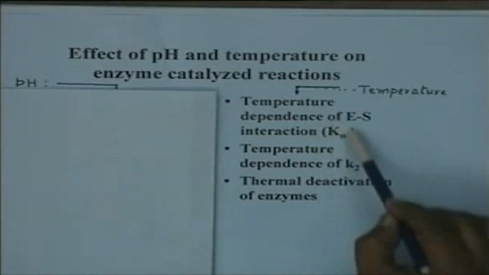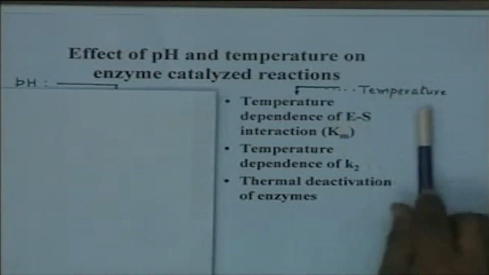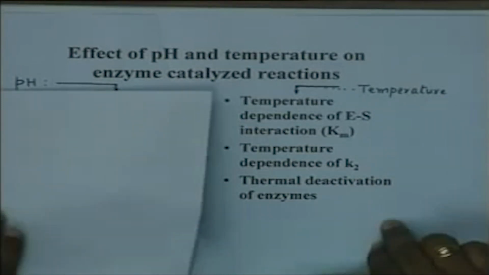We know it is a reversible equilibrium process, and the key parameter which represents the ES interaction, at least for typical Michaelis-Menten kinetics, is Km, the Michaelis-Menten constant. Temperature will influence Km, and the study of the effect of temperature on Km is a very interesting issue, because it gives you a lot of insight into the thermodynamic aspect of enzyme substrate binding.